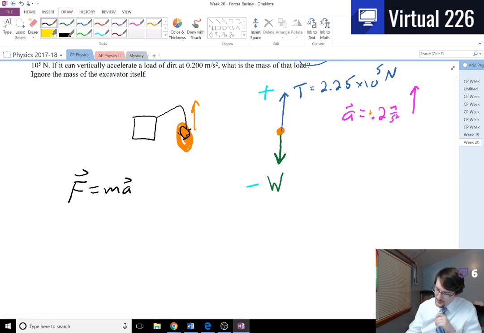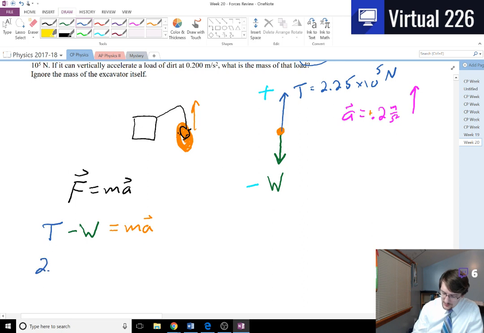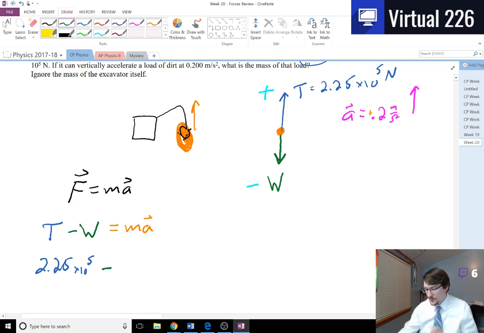Yay! If we do that, we're going to have a tension minus the weight equals ma. And if we plug in a bunch of numbers, we've got 2.25 times 10 to the fifth minus weight. And remember, weight is equal to a mass times gravity.